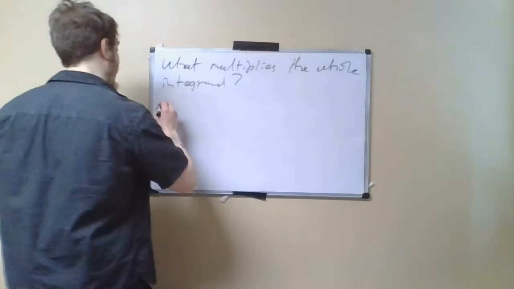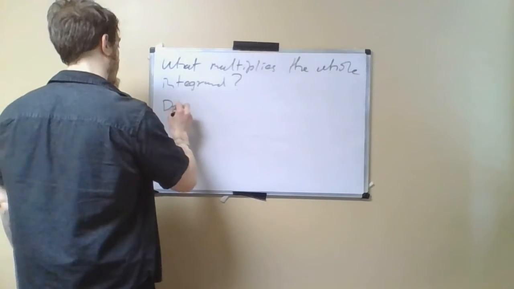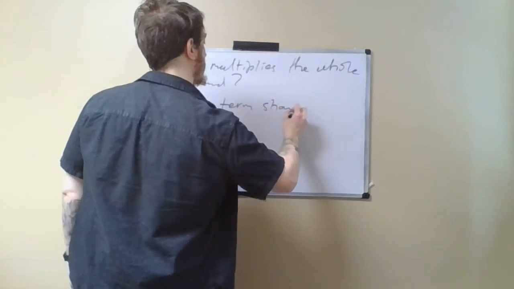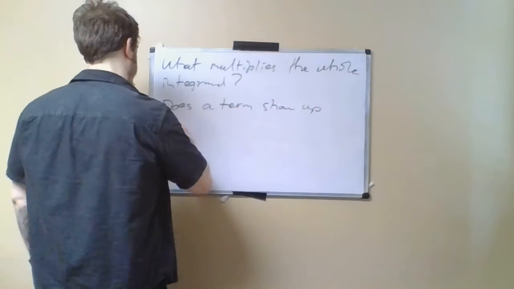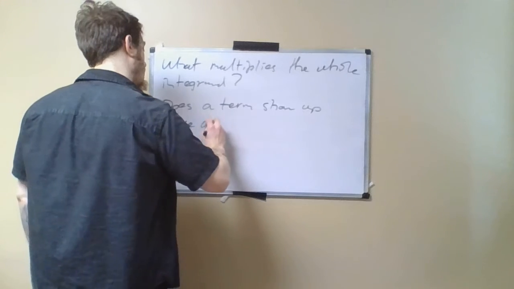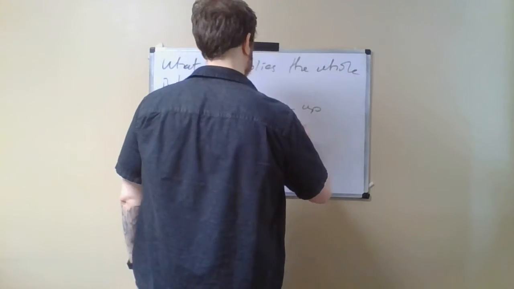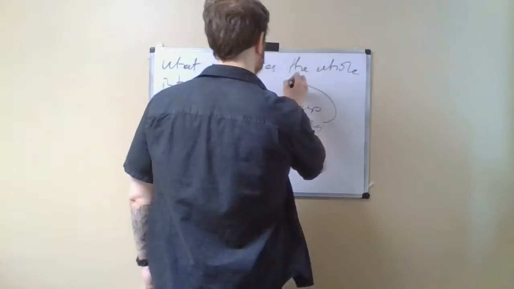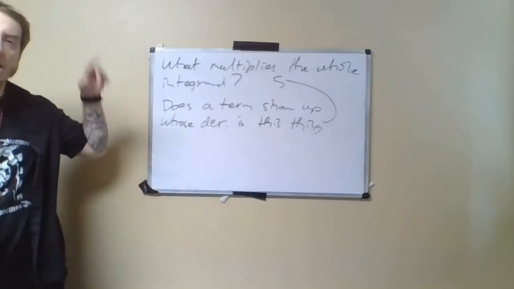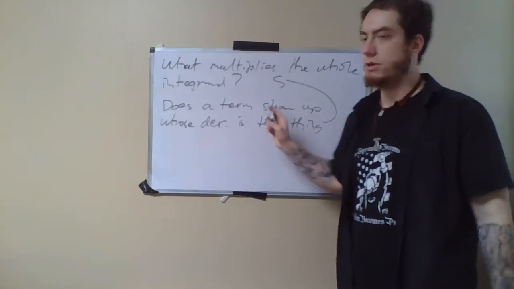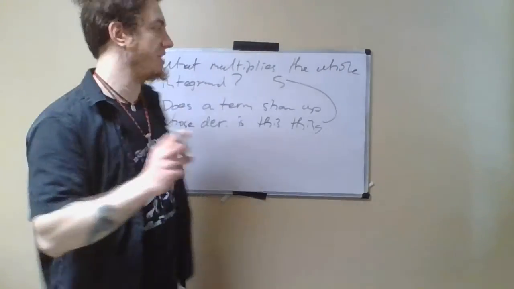So then we want to ask, does a term show up whose derivative is this thing that we got from this first step? So this thing that multiplies the whole integrand, is there a term whose derivative is that thing?